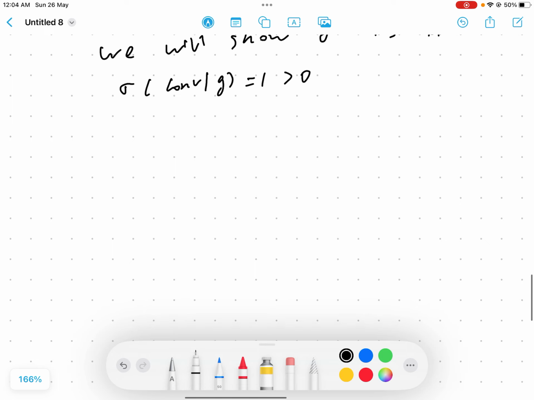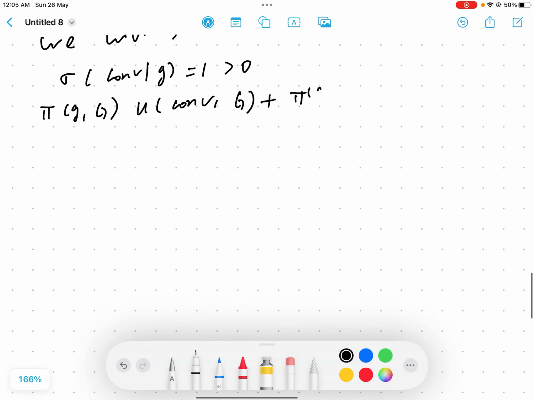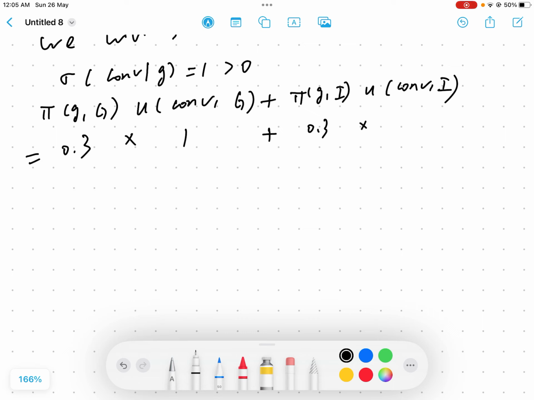It's simply pi GG times u of convict given G, plus pi GI times u of convict given I. I can just give you the numbers: this is 0.3, and this is 1, plus 0.3 times 0, so it's 0.3.